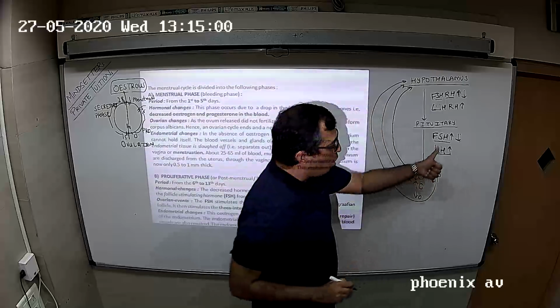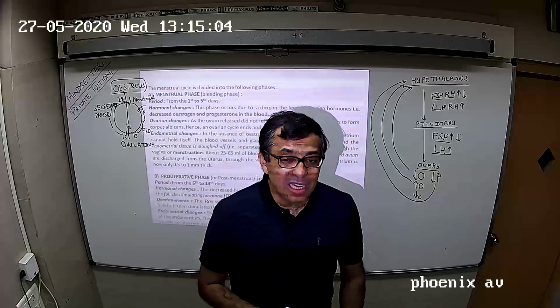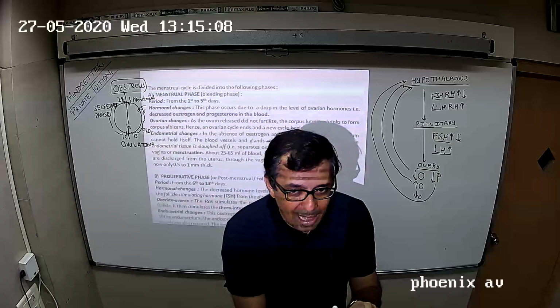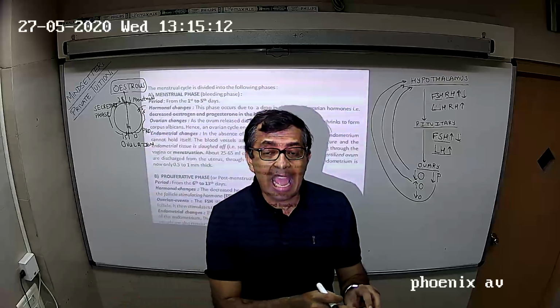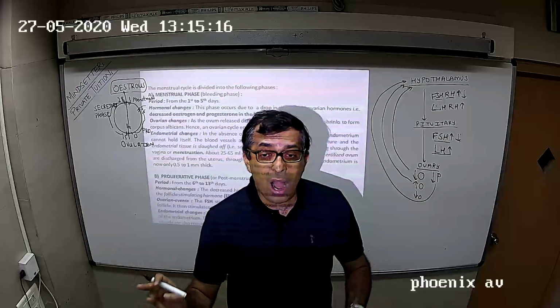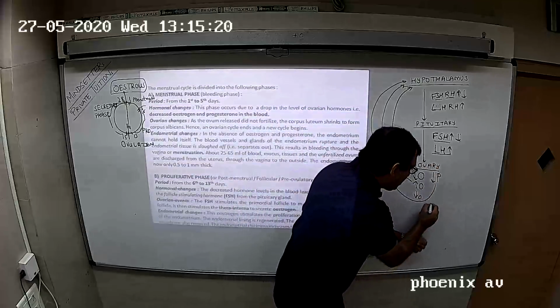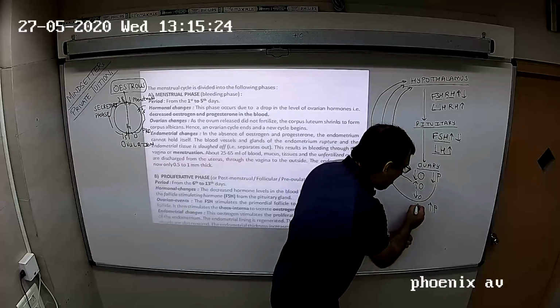Luteinizing hormone will act on the ovary and luteinizing hormone will act on the corpus luteum. Corpus luteum will start secreting both progesterone and some amount of estrogen. So progesterone levels will become high, estrogen levels will again become high.